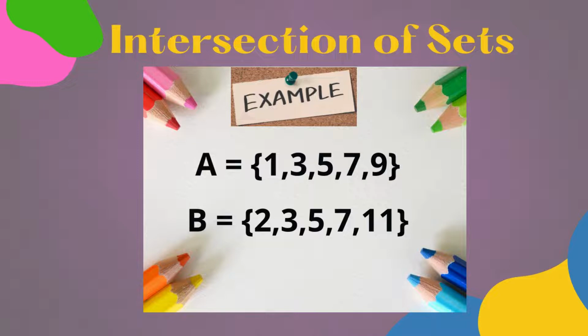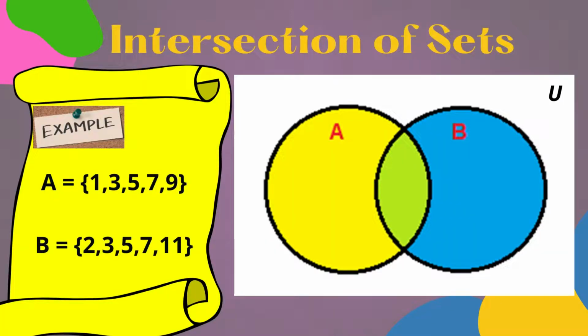Let's have an example of intersection of sets. Set A has elements 1, 3, 5, 7, and 9, while set B has elements 2, 3, 5, 7, and 11. First, draw a rectangular figure and write capital U in the upper right side.